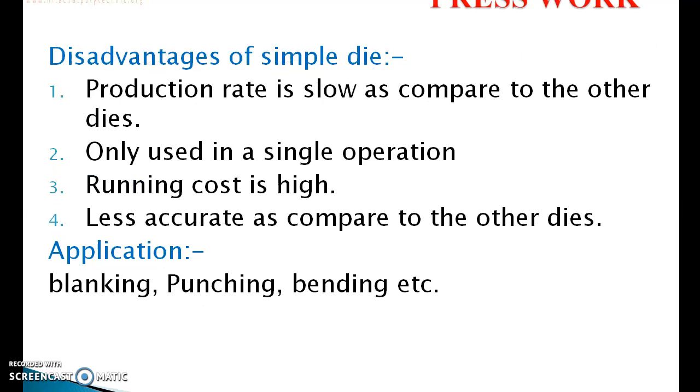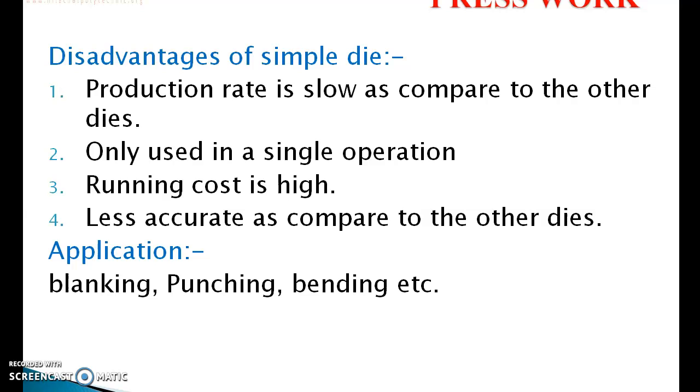Let us discuss the disadvantages of simple die. Number 1, production rate is slow because in a single stroke of the ram only one operation is performed, so the production time is high.